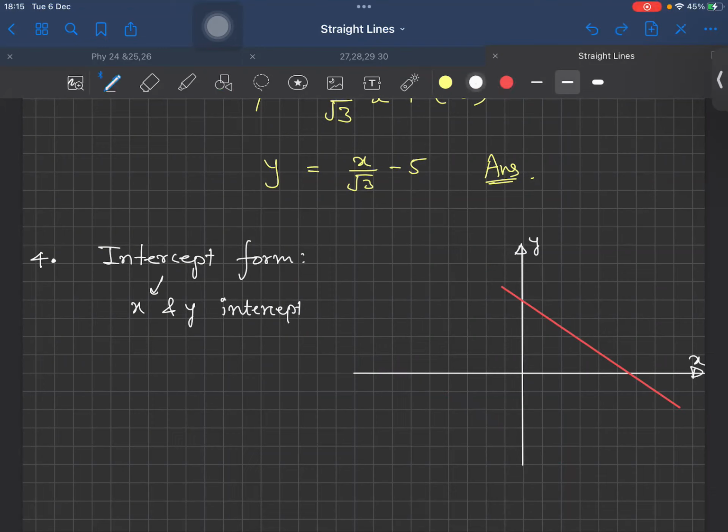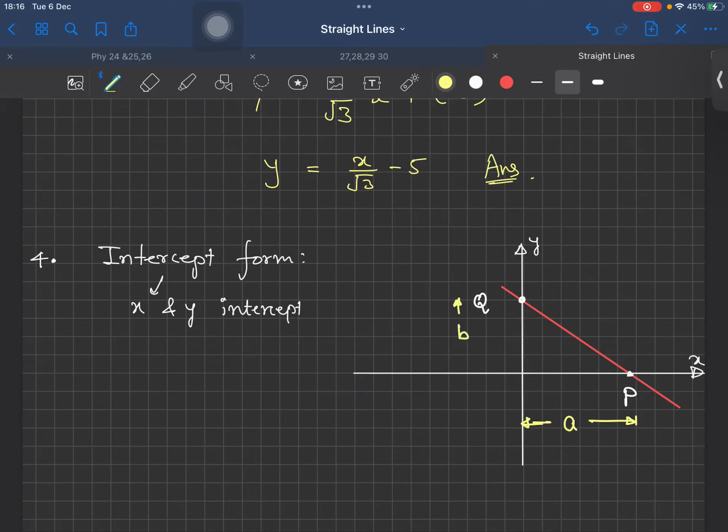Now, any one of you tell me what will be this point and what will be this point, P and Q. Let's say this is P and this is Q. Let's say this distance from here to here is A, and this distance is B.